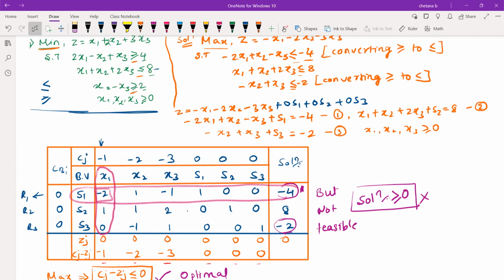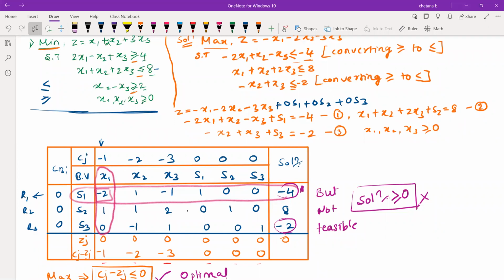Always remember in the dual simplex, though you get the optimal solution, it will not be feasible. So to make it feasible, you need to again consider a new table consisting of the ratio of Cj minus Zj by the leaving variable.